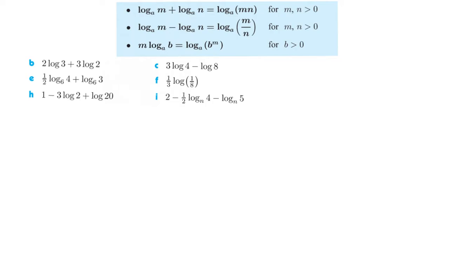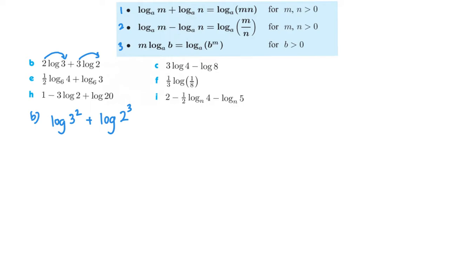Okay, question B. First we're going to move the powers to the back. So that will be log 3 squared plus log 2 to the power of 3. We actually apply the third law here. This is the first, second, and third laws, but we apply the third law here.